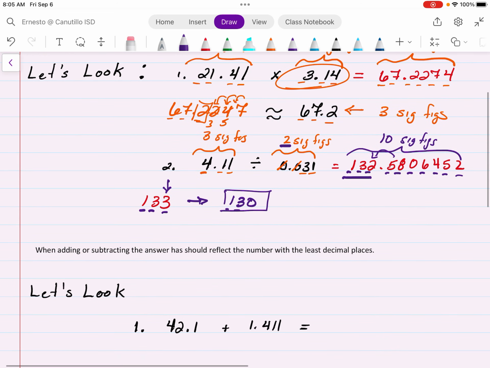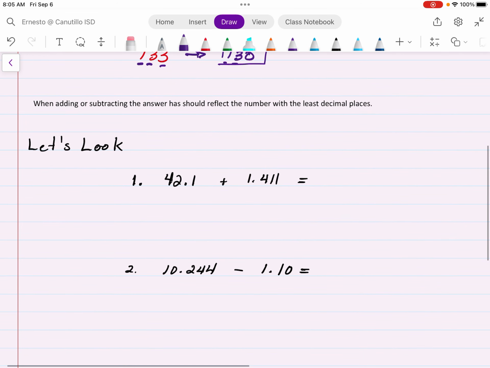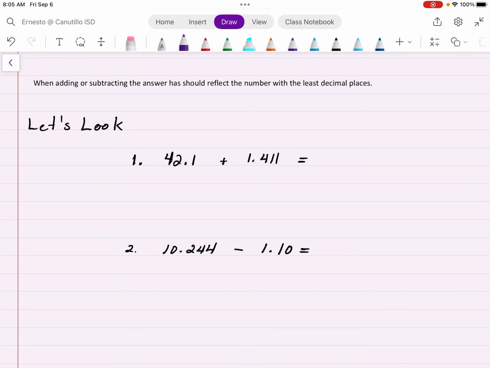Okay, now what happens when we're adding and subtracting? So this one's a little bit different, because what we're looking for here is not so much the number of significant figures, but the decimal places. So when we're doing addition and subtraction, and we want to get the number to the correct number of significant figures, then we have to pay attention now to the decimal places. So let's take a look at the first one.